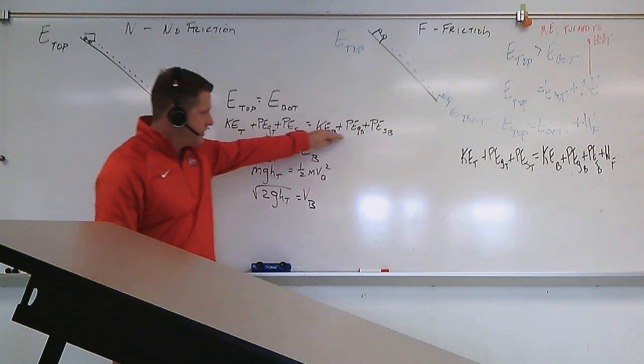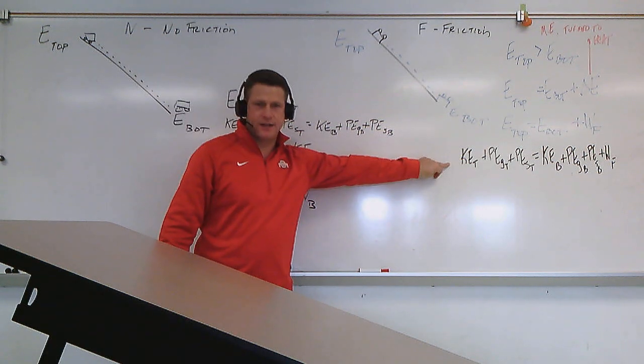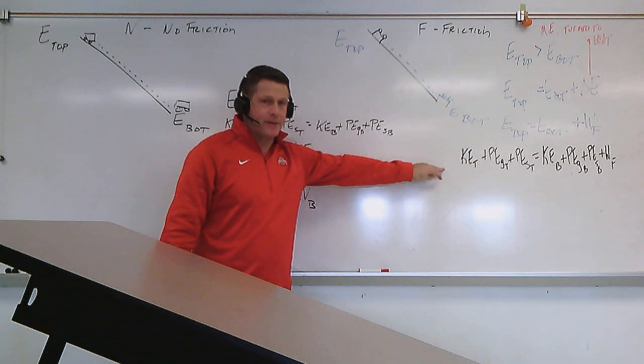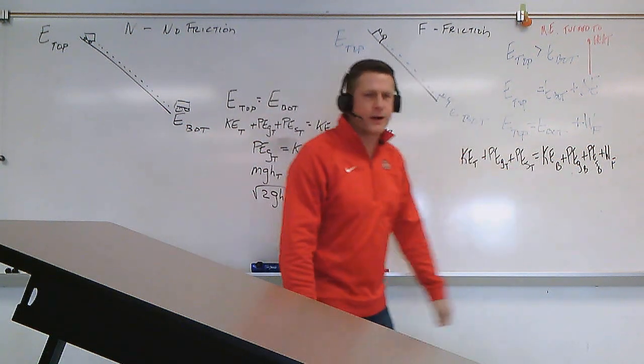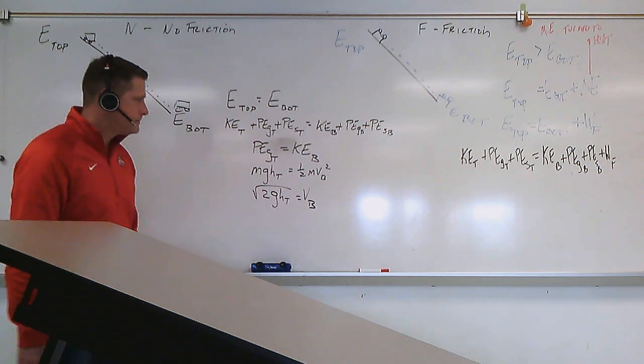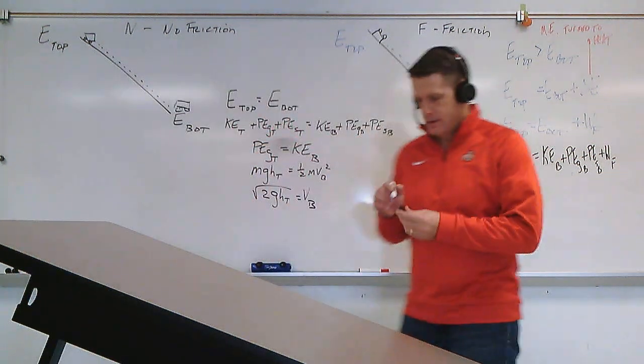This sentence here corresponds to that sentence, except the energies aren't equal anymore. We've got to add this amount of work done by friction over here. But we got the same setup.